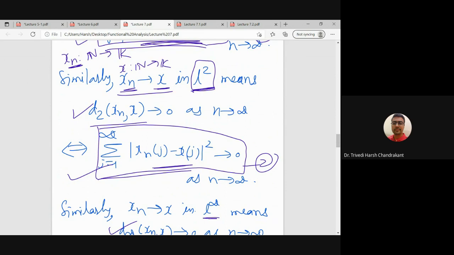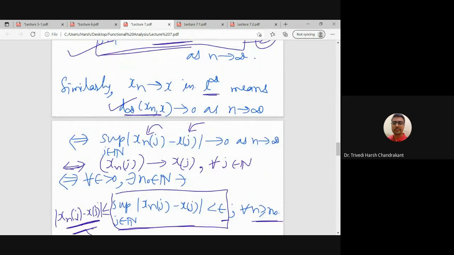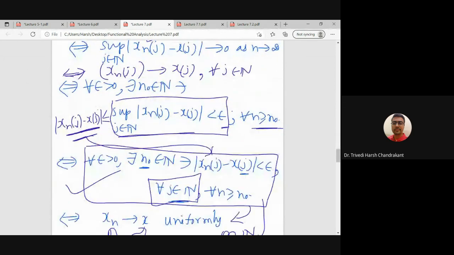And if |x_n^1 minus x_1| squared converges to 0, then |x_n^1 minus x_1| also converges to 0, because we can take the square root of a convergent non-negative term sequence. So that will also converge to 0. So equation 2 also implies the same condition, that x_n^j converges to x_j. And here it is more simple because if this converges to 0, then obviously x_n^j minus x_j converges to 0.